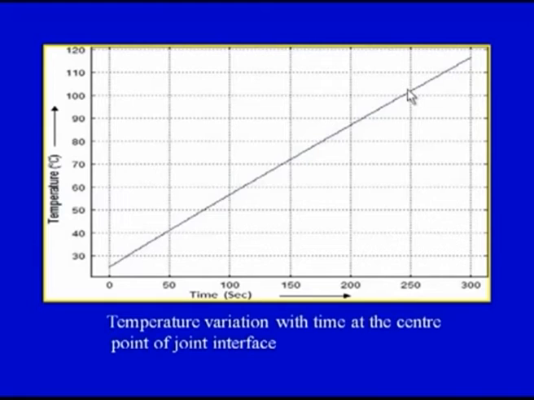When there is a tendency that the matrix will soften and form a joint at, suppose, 100 degree centigrade, we can say that at 250 seconds of exposure and a particular wattage, suppose 900 watt of input setting, the temperature is more than 100, which is more than the bonding temperature for a particular polymer, at which the polymer has the tendency to soften and form a bond with the other adherent. At that particular temperature the bonding would take place.